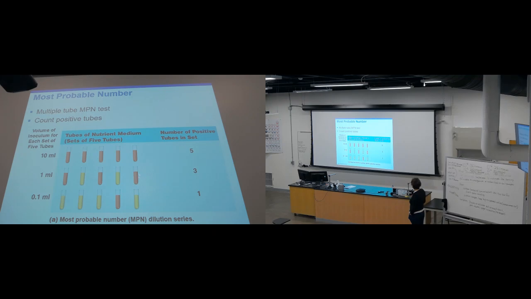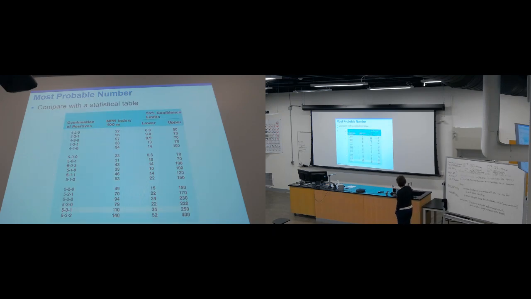Only 3 out of the 5 grow, so that will be 3 positives, so you report the positives, not the negatives. And then you transfer from these samples 0.1 milliliter to the next, so you are diluting your samples. So how many in the bottom row grow positive? One. So then that's your total number, 531.